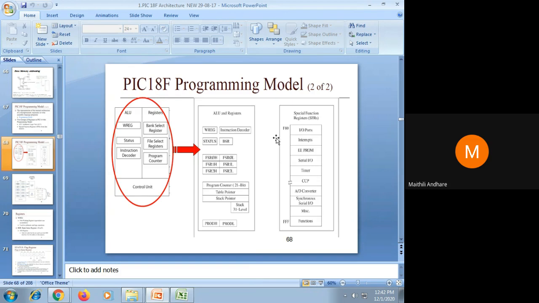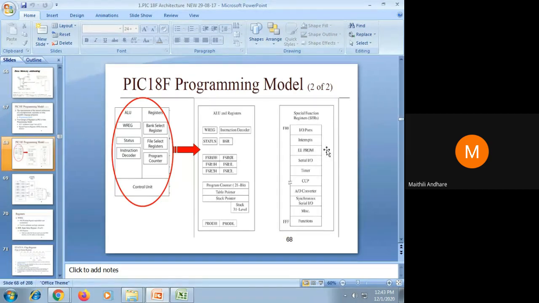So they are associated with that peripheral only. For IO port, special function registers are available. For interrupt, for serial IO, for timer. Likewise, for each and everything, the special registers are available in that location. And this is related to the program counter and the data memory registers, that is FSR, BSR, then working register. So all this combined is called the programming model, so that you should know.